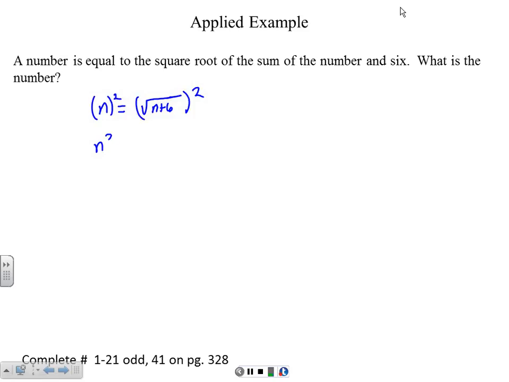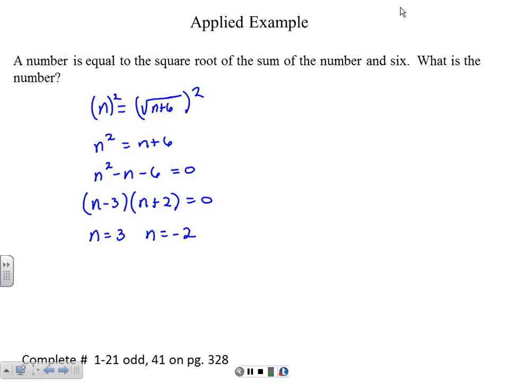So we're going to have n squared is equal to n plus 6. And then move everything to one side. So we'll have n squared minus n minus 6 is equal to 0. This will factor pretty easily. So we'll have n minus 3 and n plus 2. So we're going to have n is equal to 3 and n is equal to negative 2. So there's your two numbers.